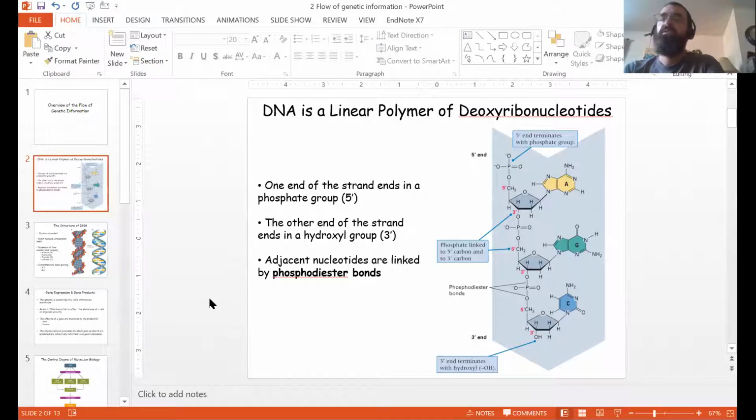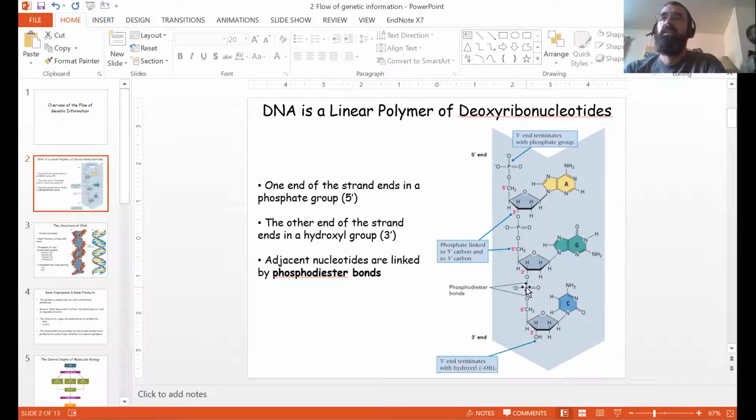There are a few different things about DNA which you should know and which are really important for a lot of other stuff. One of which is the structure of DNA, which is a repeating structure. Each nucleotide, or deoxyribonucleotide if we're being specific, consists of a phosphate and a sugar, which get joined together to make the phosphate-sugar backbone.